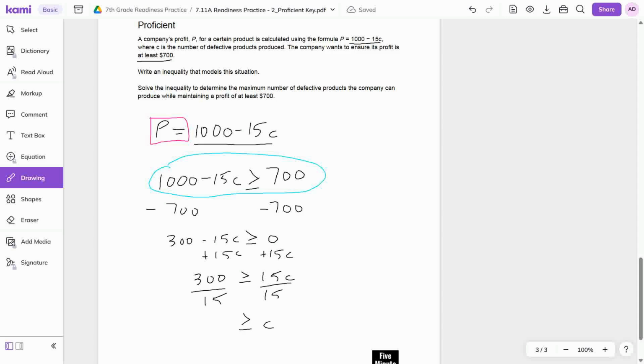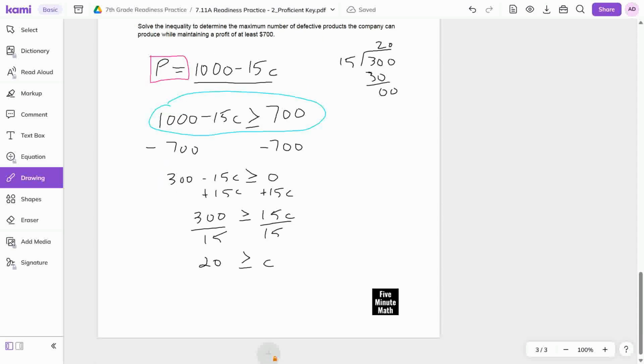All right, so we're going to get C, and it needs to be 15. Let's divide this 15 into 300. You're going to get 20 right there, and we're good to go. So if we wanted to flip this around, C is going to be less than or equal to 20.